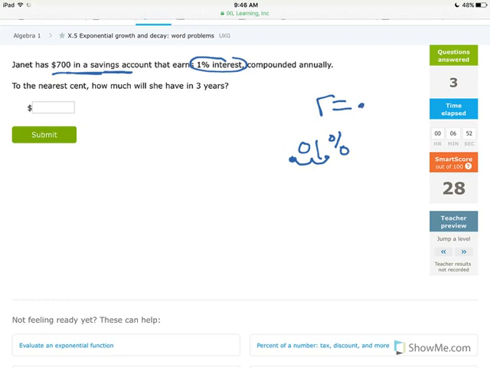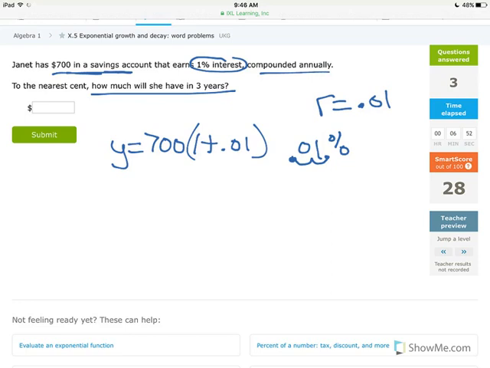So R is going to be 0.01. It's compounded annually, and to the nearest cent, how much money will she have after 3 years? So the amount she has, Y, you're going to start at 700. It's going to be 1 plus the R value, which is 0.01, raised to the time, or the X.